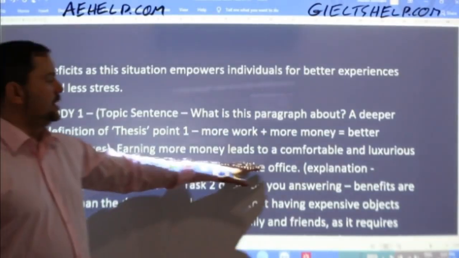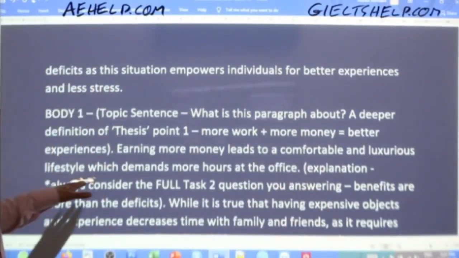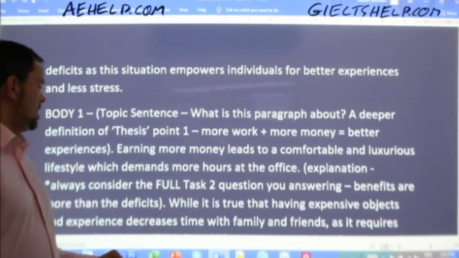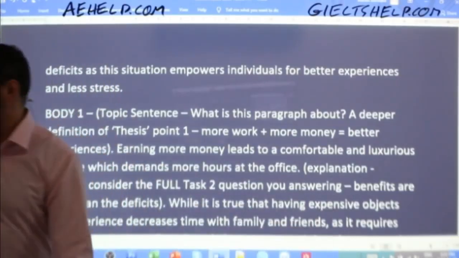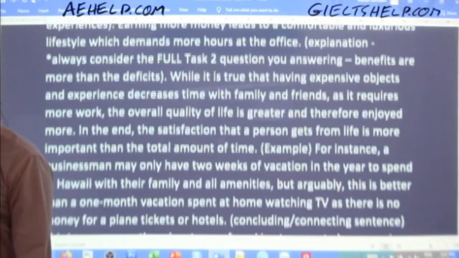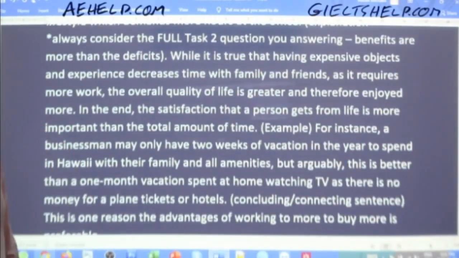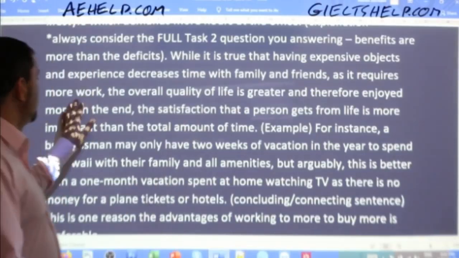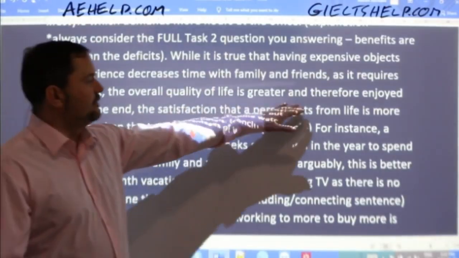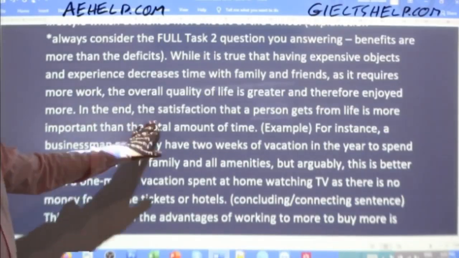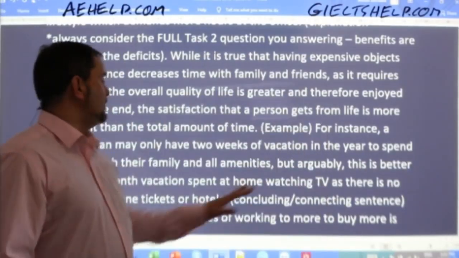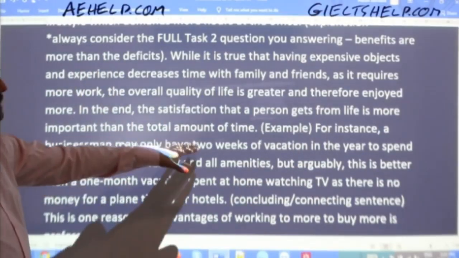Earning more money leads to a comfortable and luxurious lifestyle, which demands more hours at the office. While it is true that having expensive objects and experiences decreases time with family and friends as it requires more work, the overall quality of life is greater and therefore enjoyed more. In the end, the satisfaction that a person gets from life is more important than the total amount of time.